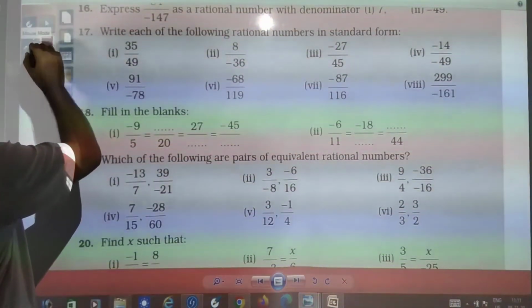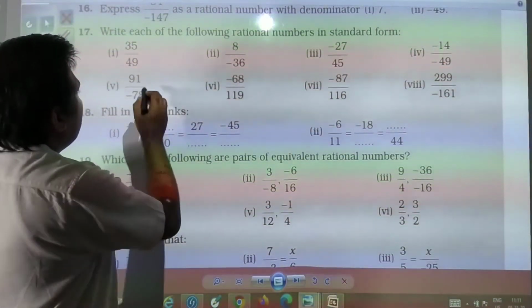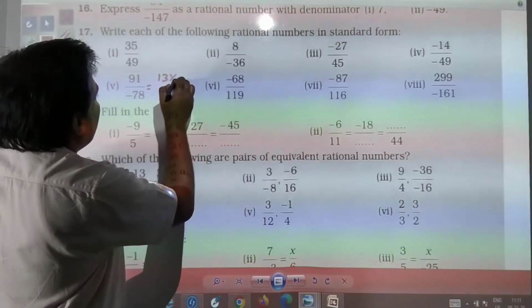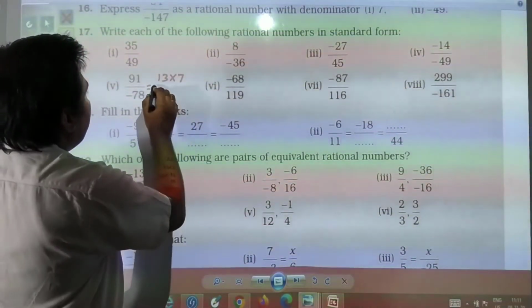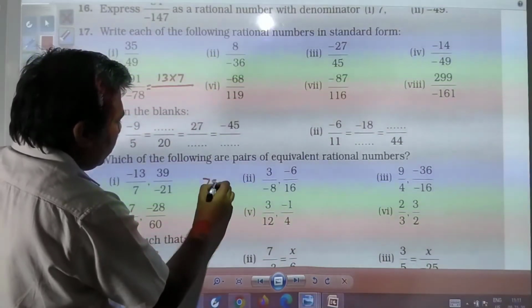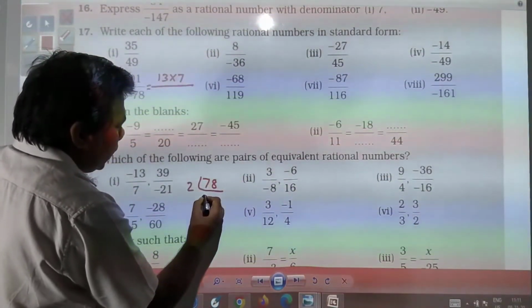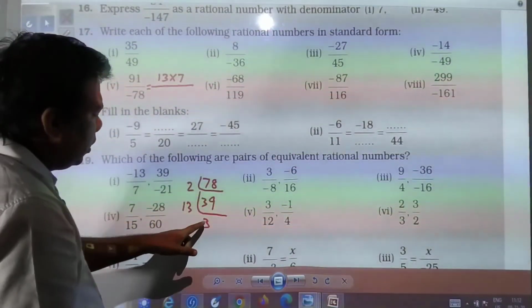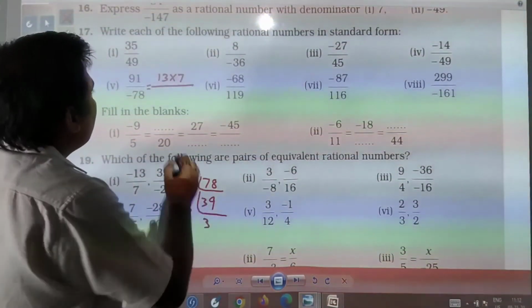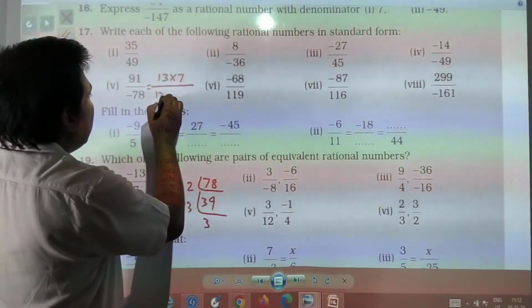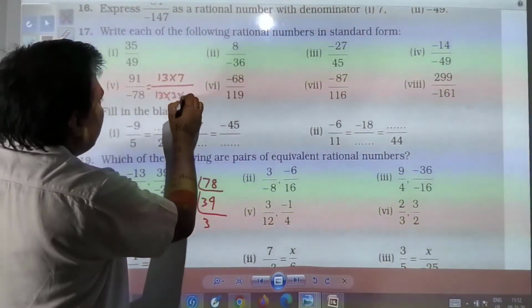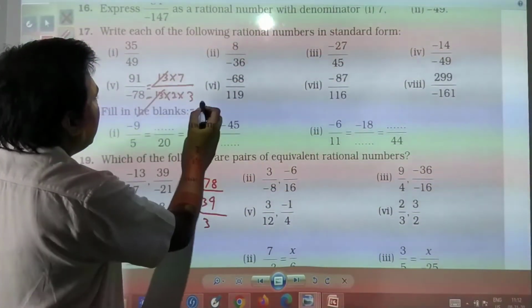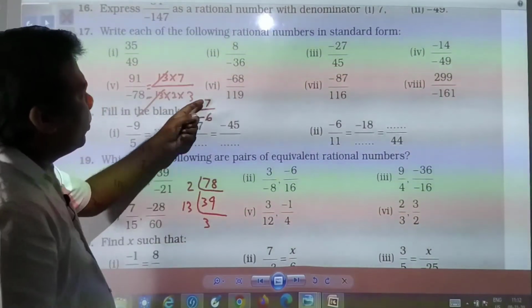Then you see 91 by 78. 13 into 7 it can be written, and for 78 you find out, 2 3s are 6, 2 9s are 18, and 13 3s are 39. So this can be written as 13 into 2 into 3. So 13 and 13 got cancelled, and you are left with, minus sign will be here, 7 by minus 6. This will be your answer.